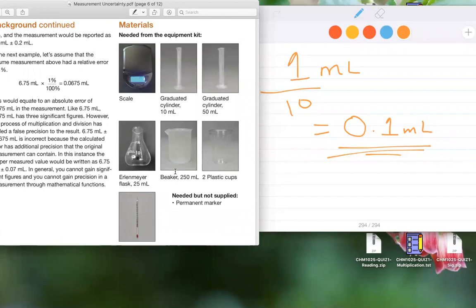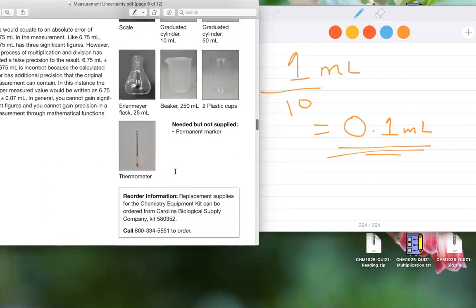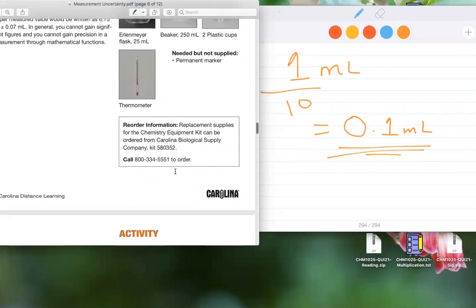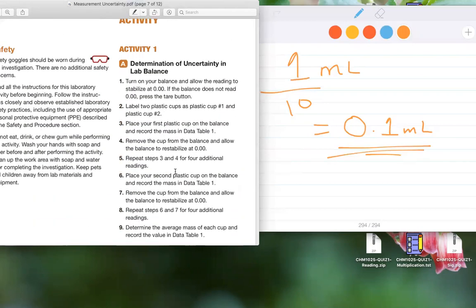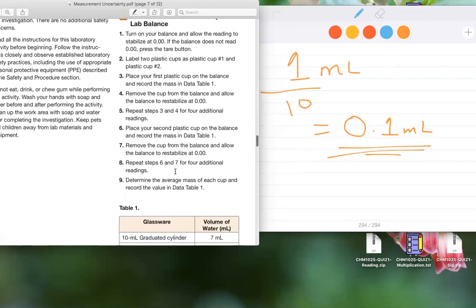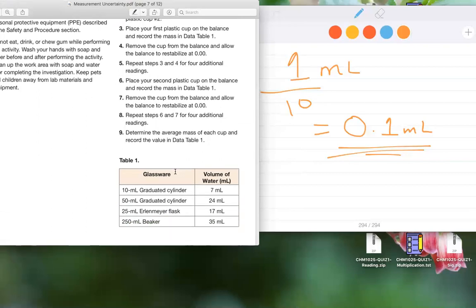If not, you need to call customer care and they will mail it to you. So you're going to need the thermometer, all right, for measuring the temperature of your H2O. Now, you will read the direction and record the volume.